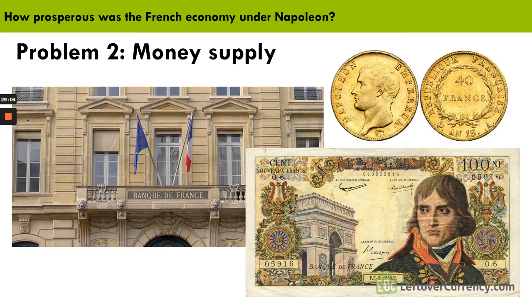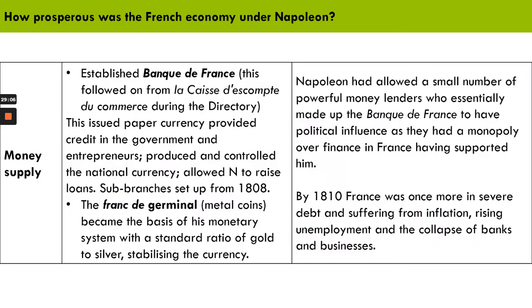Problem 2, money supply. As we said, there had been lots of hesitancy about the whole idea of a paper currency in France because of John Law's paper currency system that completely collapsed at the start of the 18th century, which destroyed confidence in it. Now, one of Napoleon's often-stated important moves was that he created the Banque de France.